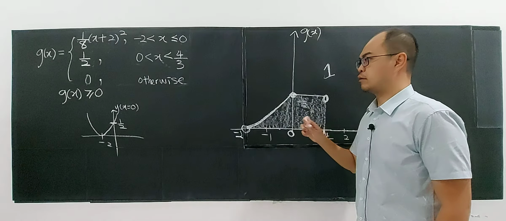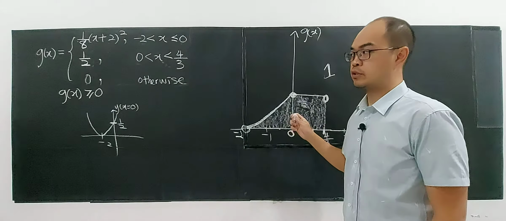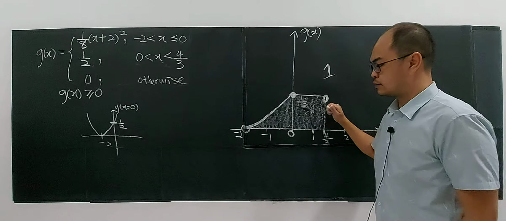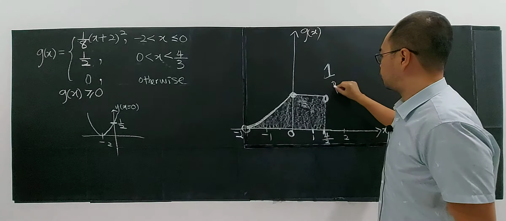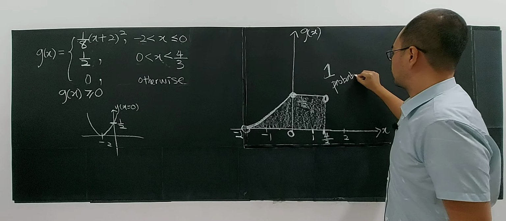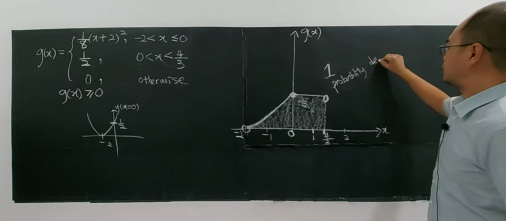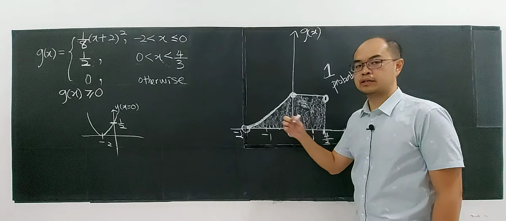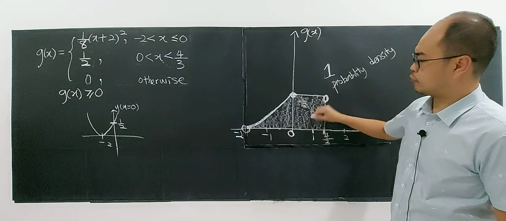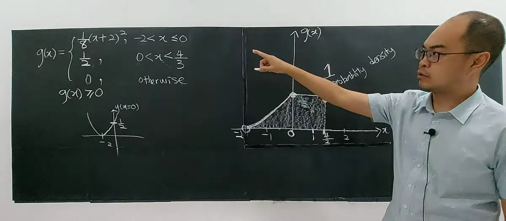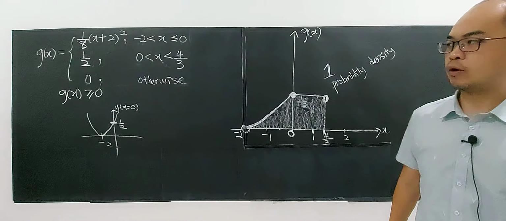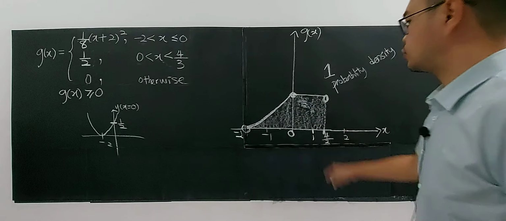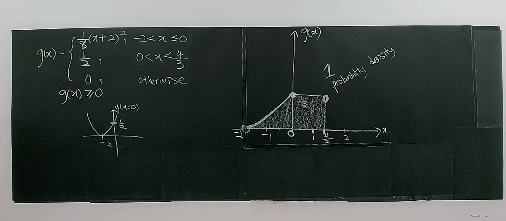If you did not get the value of 1 after integrating, something is wrong. For a continuous random variable, the area under the graph of this function will be equal to 1. Just now you saw that the shape of the graph will be this way. So I think that's all for this video.